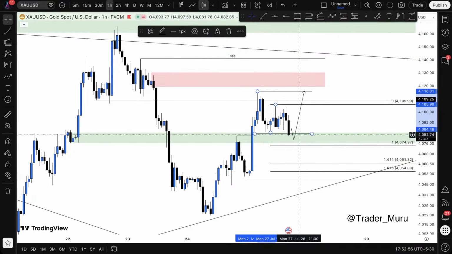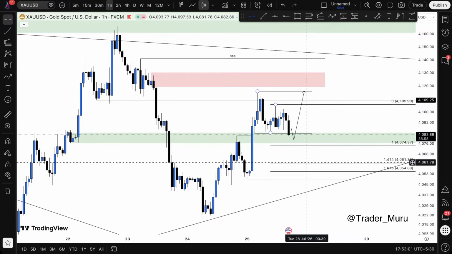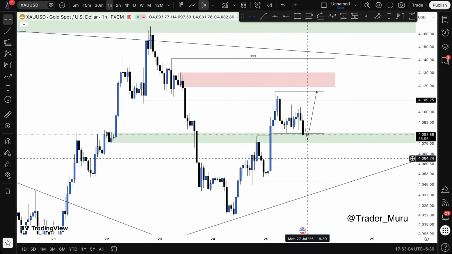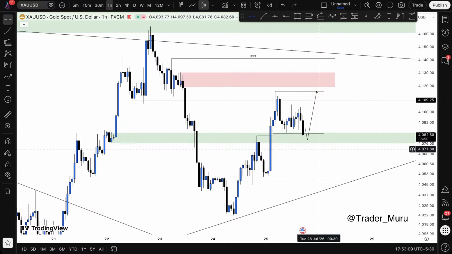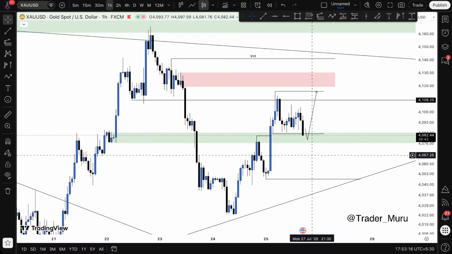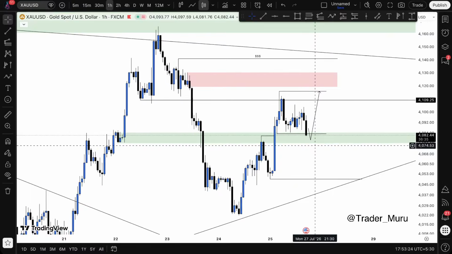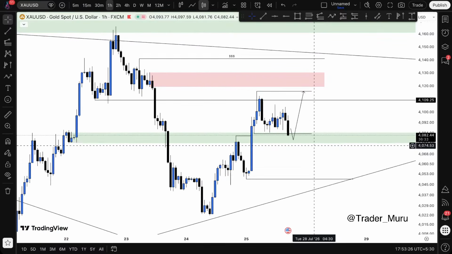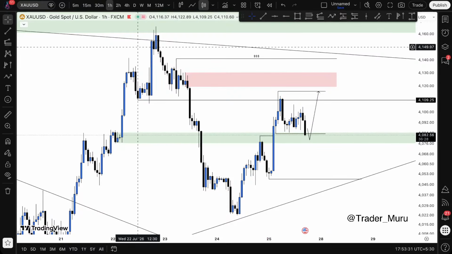So have patience. $75 can be tested before upside momentum. Wait for it.